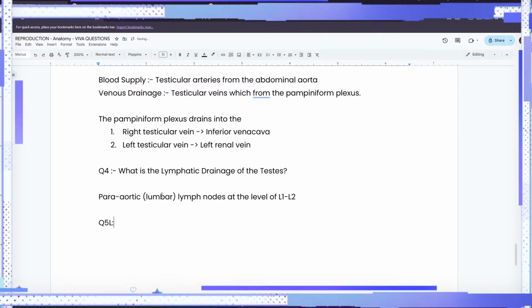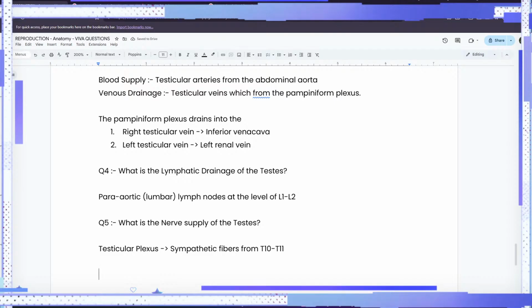Question number 5. That is the nerve supply of the testis. And then of course this is the testicular plexus, sympathetic fibers from T10 to T11.